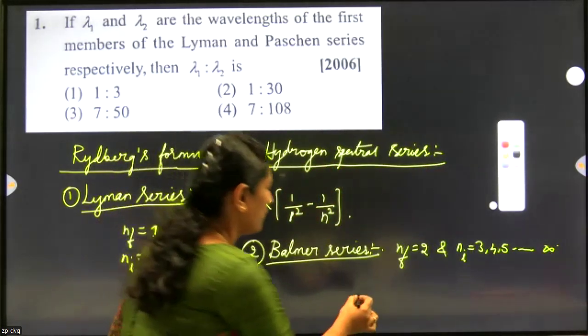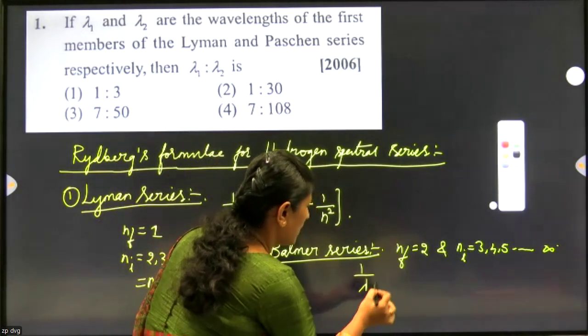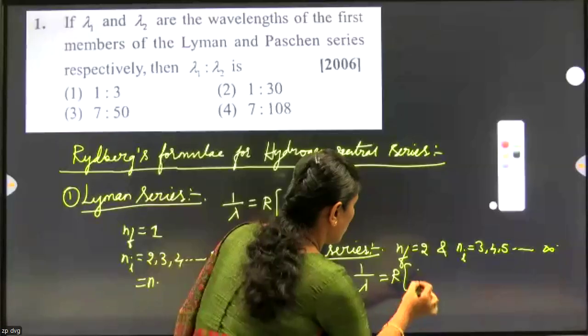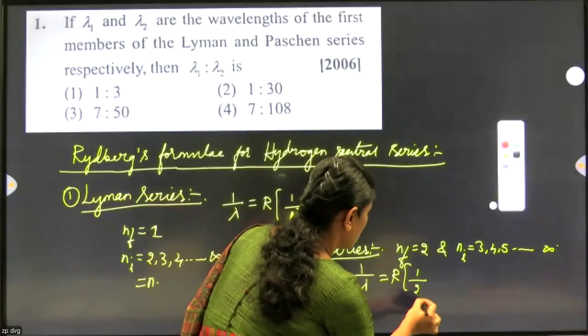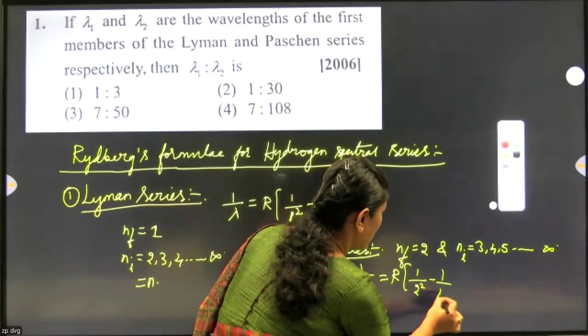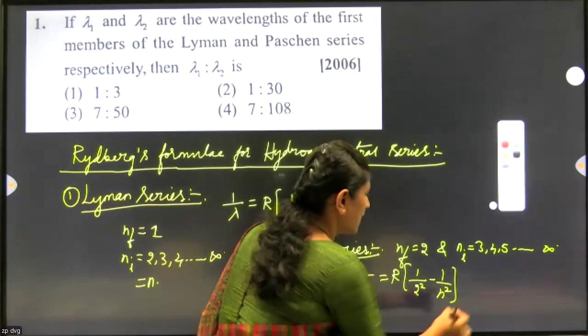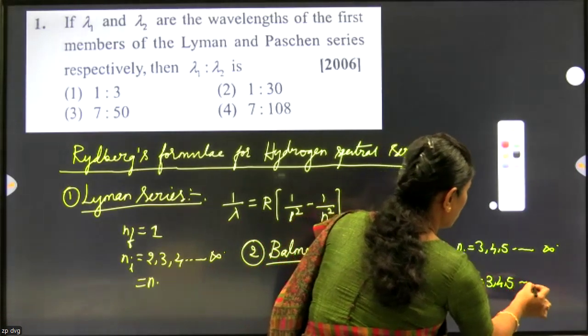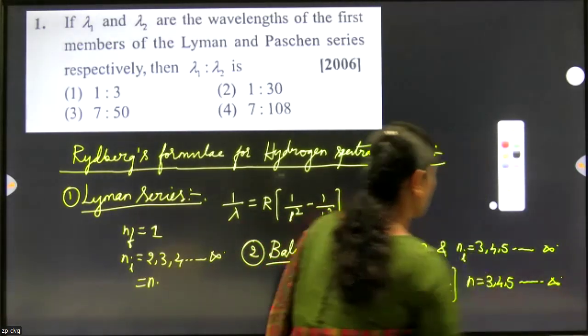Its wavelength is given by 1 by lambda equal to R into 1 by 2 square minus 1 by n square. Here, n is equal to 3, 4, 5 up to infinity.